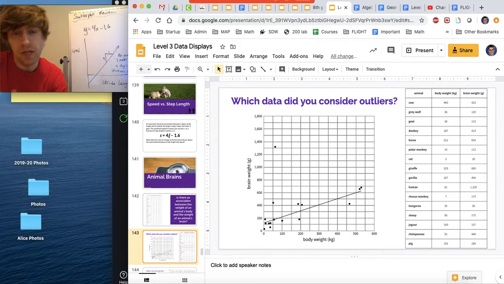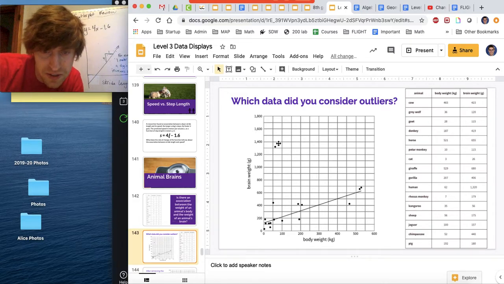Okay, so here is the graph. Do you think that there are any outliers in this data? Gee golly, that one point way up there. What animal is that? This is 100 kilograms, so this would be 50 kilograms. So it's a little bit more than 50 kilograms.